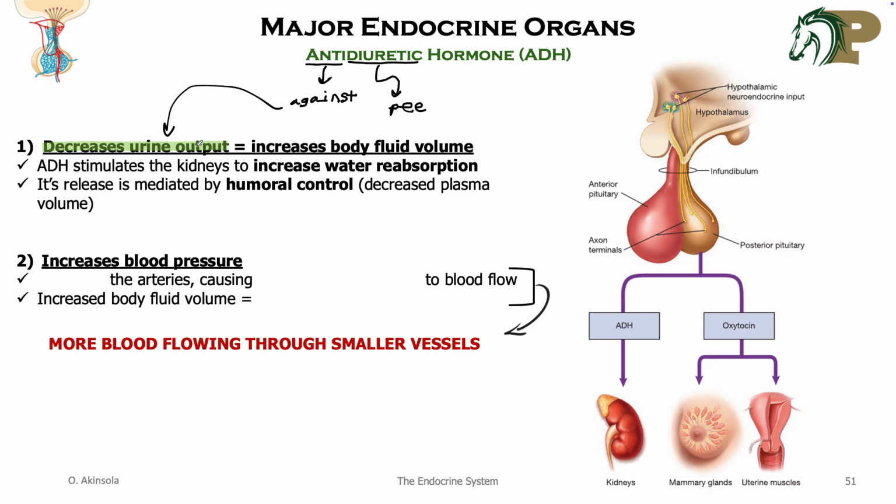All right. So, first major function for ADH is to decrease urine output, thereby increasing body fluid volume. As you increase your body fluid volume, you are going to increase your blood pressure. So number 1 actually causes number 2. But specifically, ADH will also narrow the arteries in the body, causing increased resistance to blood flow.